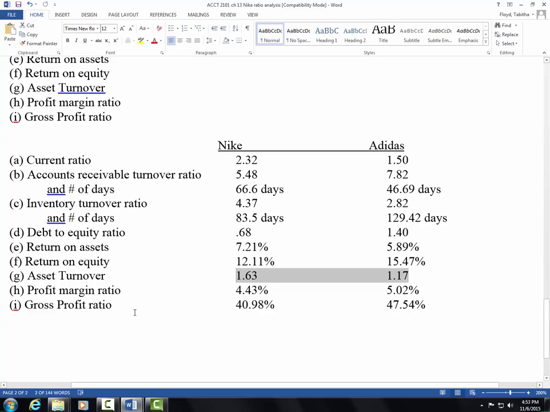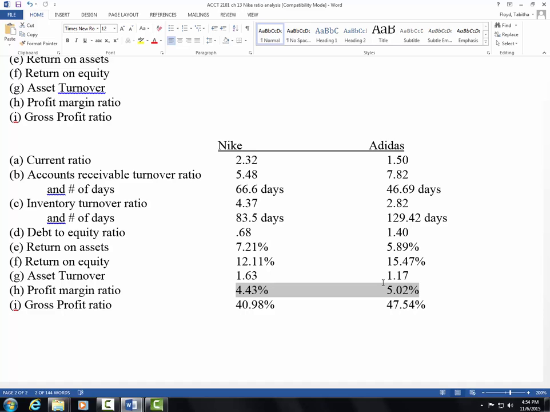Profit margin and gross profit ratio. My 2 favorite ratios here. Profit margin. That measures how much of every sales dollar is hitting the bottom line. How much of every dollar in sales does the company have becoming net income? The higher, the better.